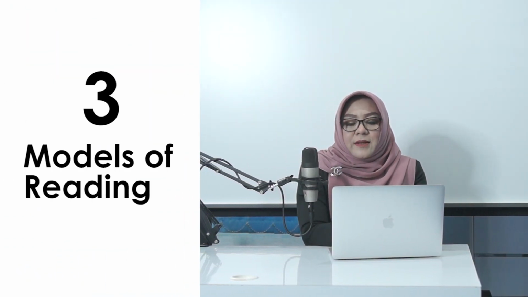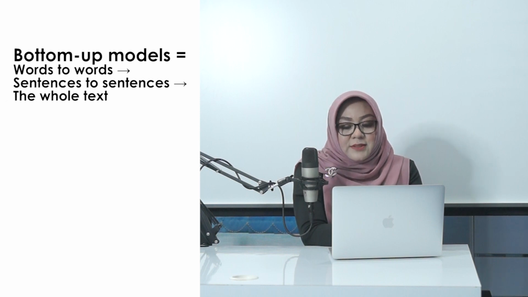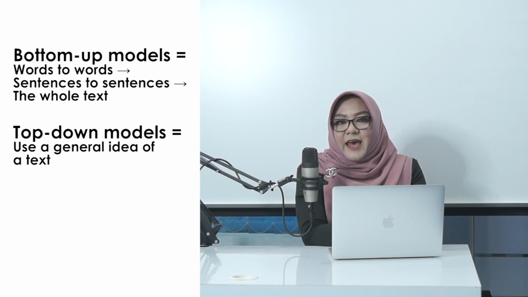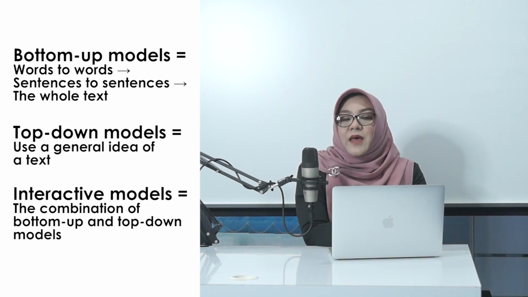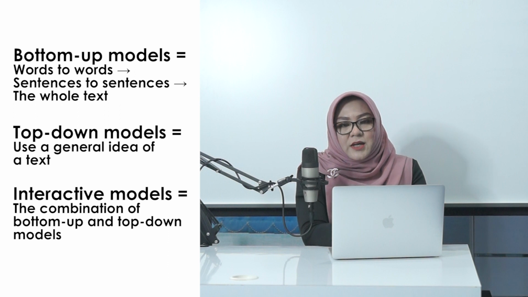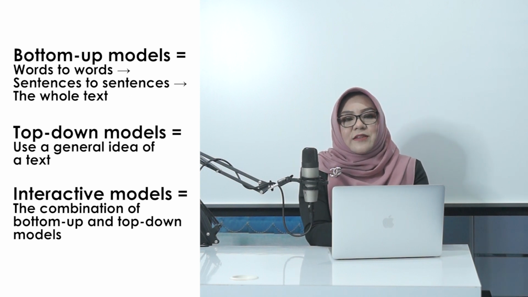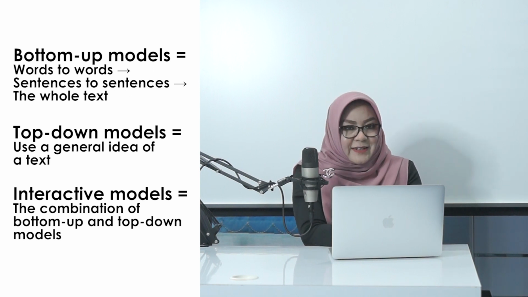The third thing you need to remember before you teach reading is models of reading. There are three reading models which are very well known. That is bottom-up models, top-down models, and interactive models. Bottom-up models is that when you teach your students from word to word, sentence to sentence, and finally you will get the whole picture of the text.